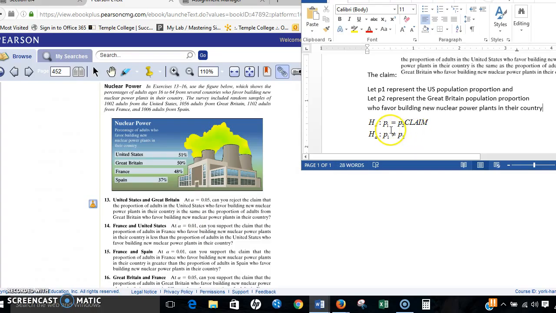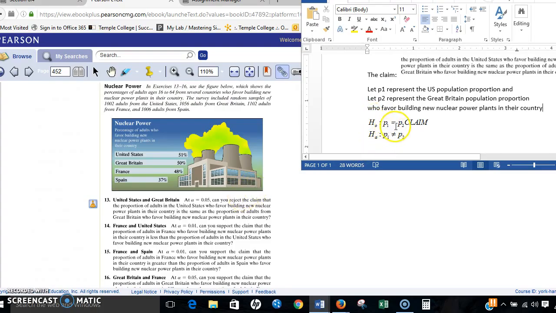Now, when they say the same, they mean the two population proportions are equal. So in this case, I'm letting P1 represent the U.S. population proportion and P2 represent Great Britain population proportion who favor building new nuclear power plants in their country, and those are adults ages 16 to 64.